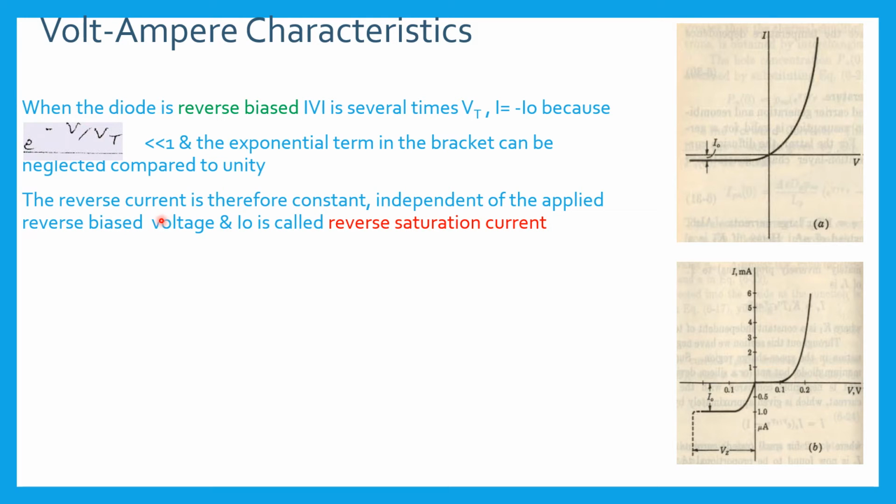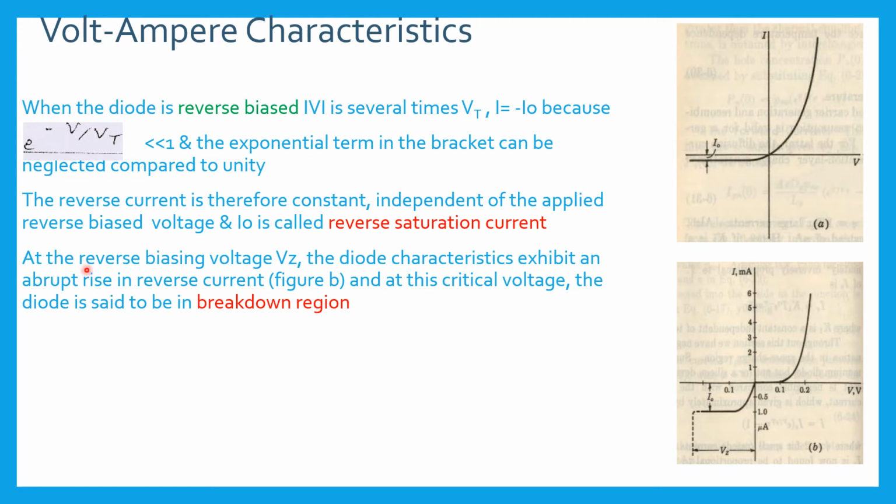The reverse current is therefore constant, independent of the applied reverse bias voltage, and I0 is called the reverse saturation current. At the reverse biasing voltage Vz, the diode characteristics exhibit an abrupt rise in reverse current, that is, this second figure here. At this critical voltage, the diode is said to be in the breakdown region.